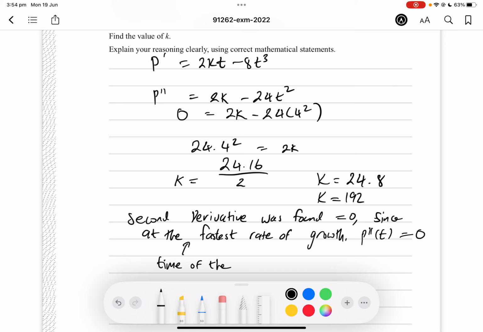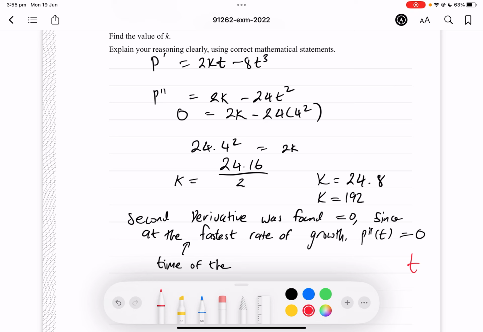Alright, so those three parts together is an excellence level grade. So if you can find all three of those together, so p double dash equals to 0 and finds k equals to 192, that's an excellence level grade. And if you have a correct interpretation of part II, that's a merit level grade.